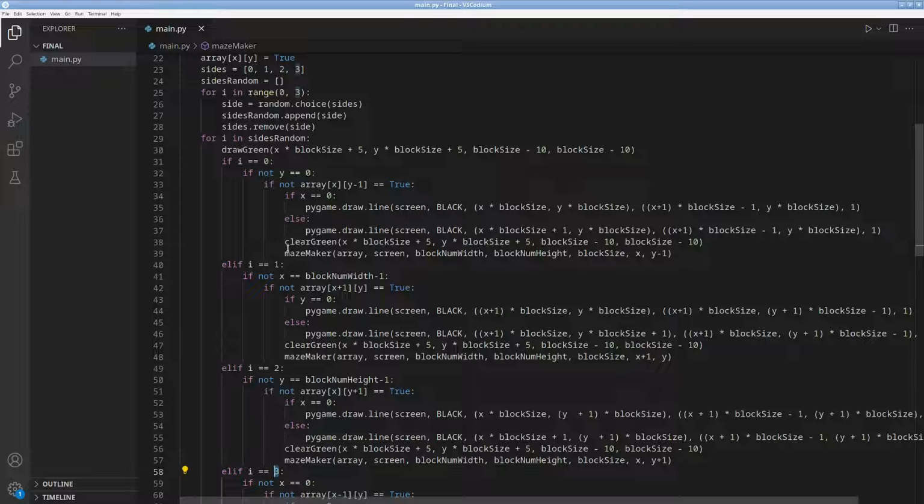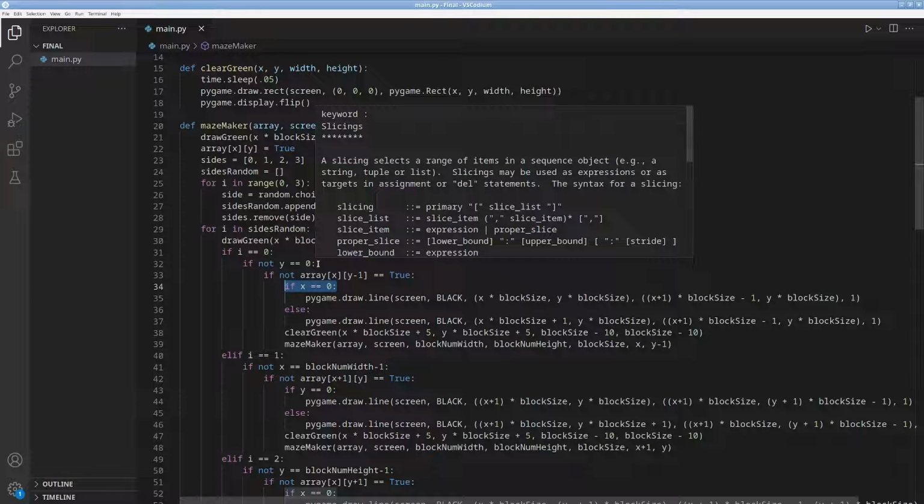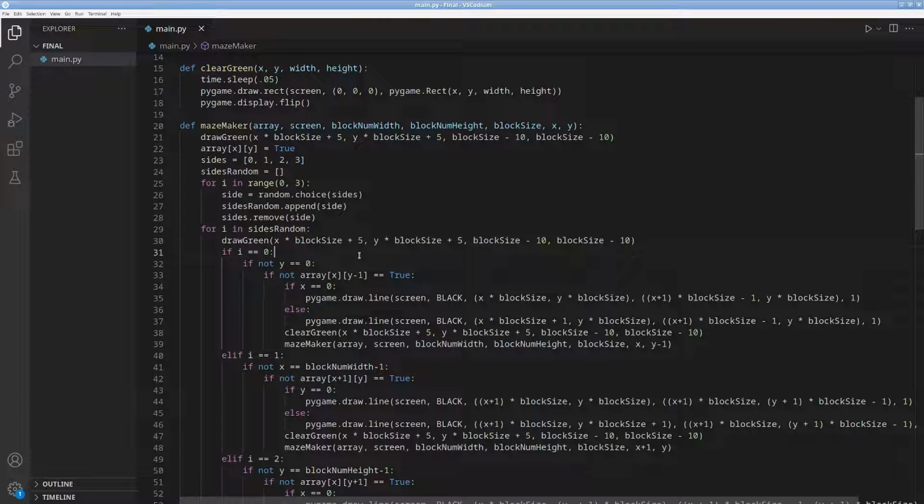So what happens? It deletes the lines. So if x equals 0, which means it's on the left and it goes, I assume this is up. Yeah, I assume 0 is up, because if y equals 0, it's going to be at the top and it can't go up.